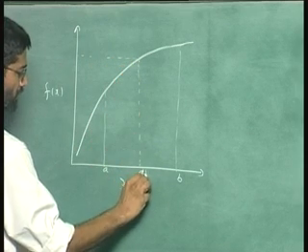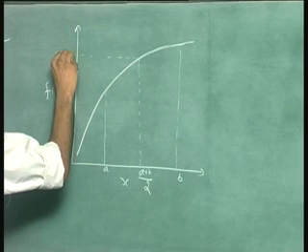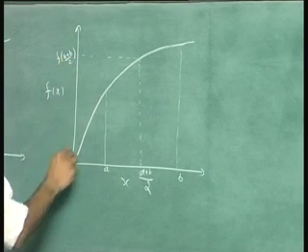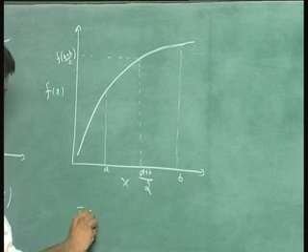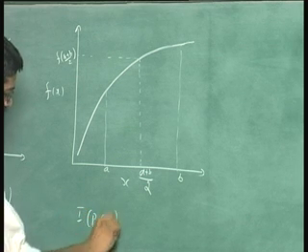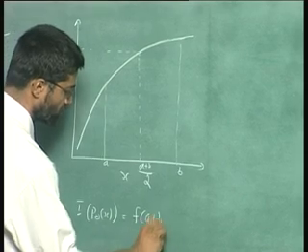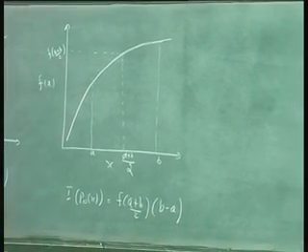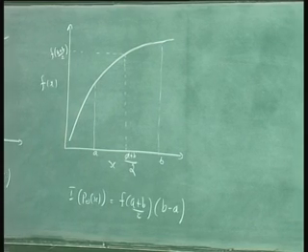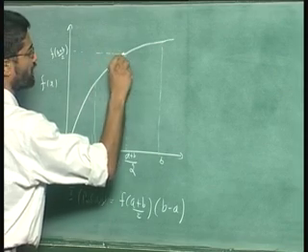I have the function value at a plus b by 2 here, and then I compute I of p0 of x, which in this case is f of a plus b by 2 into b minus a. So that's the integral. Before it was f of a into b minus a; now it's f of a plus b by 2 into b minus a. So it's a different box, and the box would be like this.